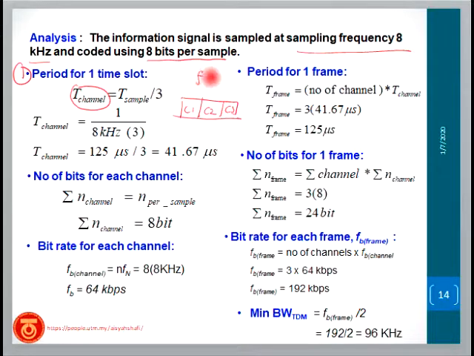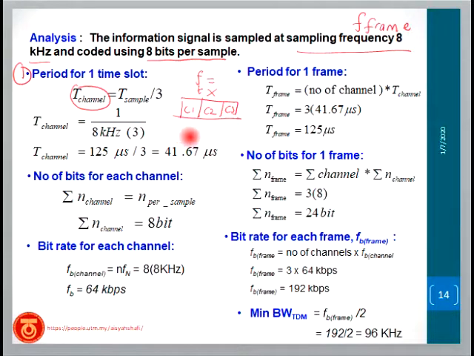So frequency is the same, times are not the same. The given information signal is sampled at a sampling frequency of 8 kilohertz. This 8 kilohertz is the frequency of the frame.